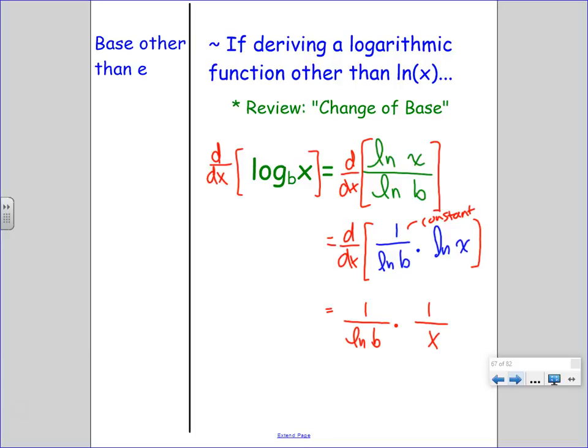So wait a minute. The derivative of log base b, any log, is it going to have a 1 over x piece? Yeah. But it's just going to have an extra piece as well, because ln of any base other than e does not simplify and needs to remain.